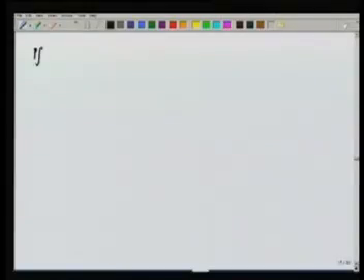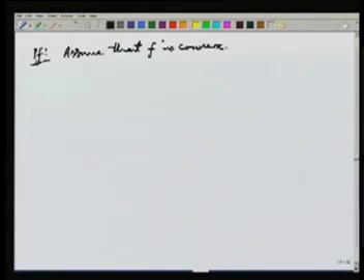So the proof of this goes as follows. So assume that f is convex. We are going to prove that the double derivative of f is non-negative.